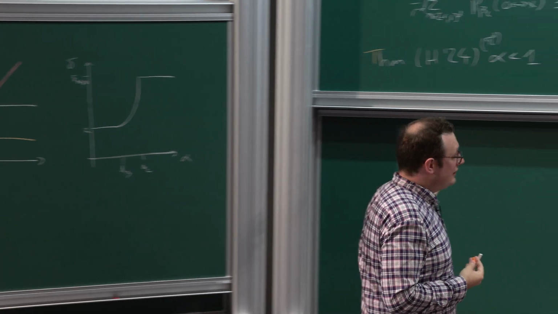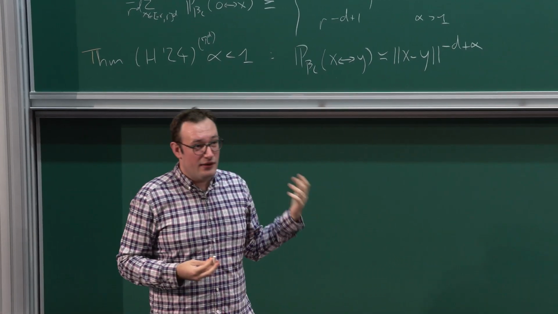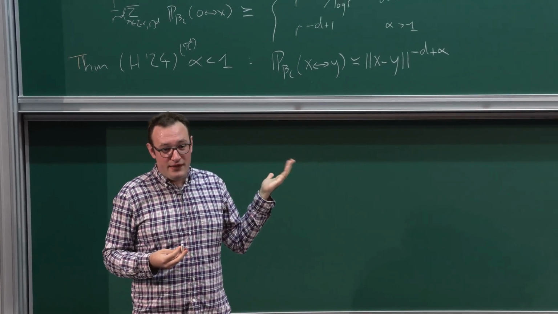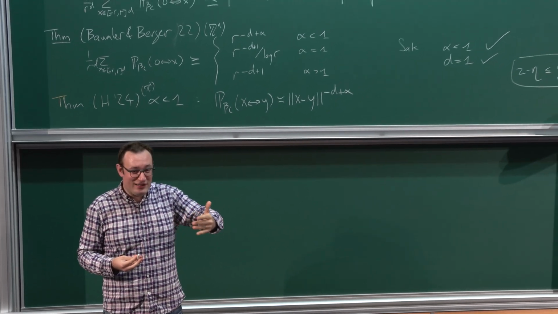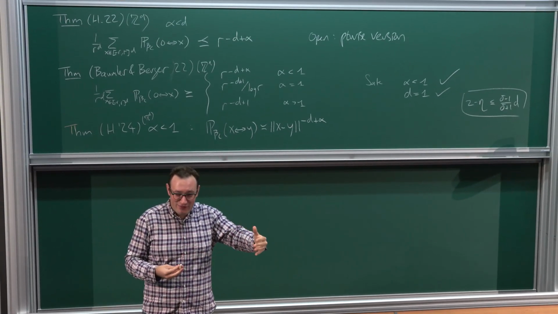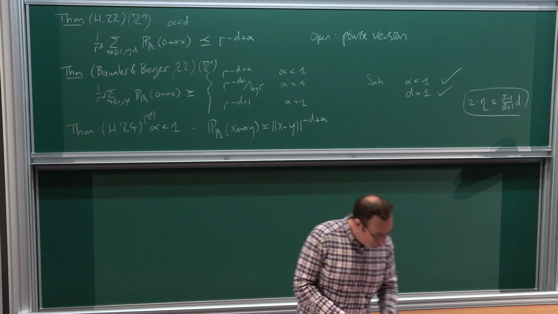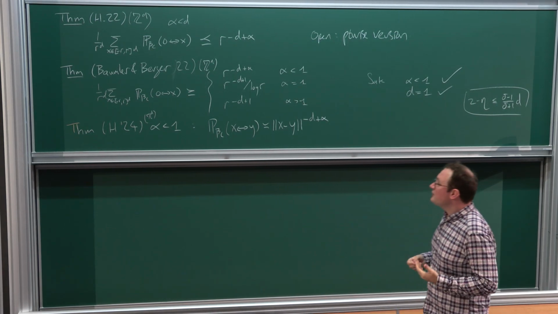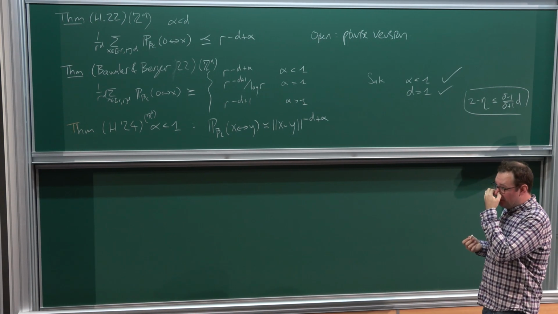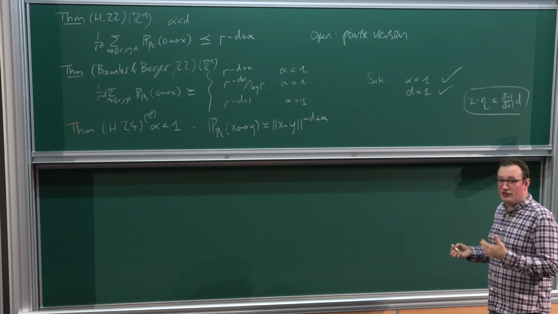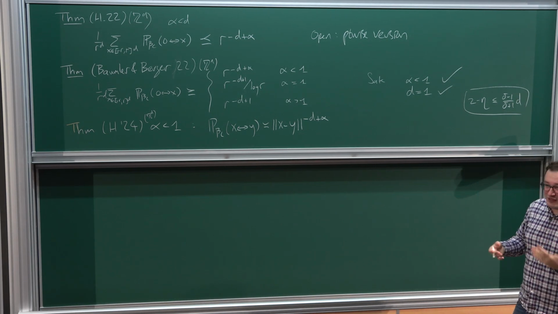In some sense, the method, which I'll show you, is not capable of distinguishing between these different regimes. It never uses anything that would distinguish between the different regimes. So if you want to prove things about other aspects of the model, like the volume tail, you have to do something else.